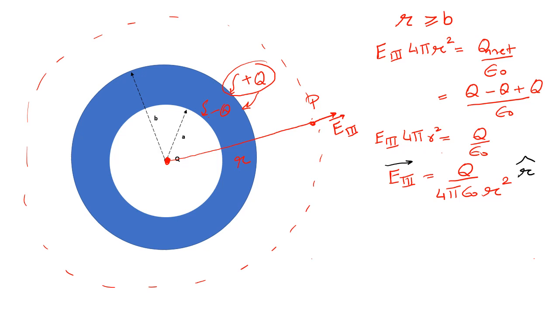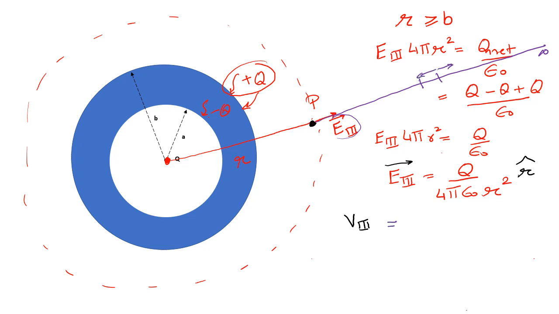Now we want to calculate the potential at that point P right here. What do we have to do? We have to choose a path, start from infinity, calculate the work done at any specific place and integrate that.